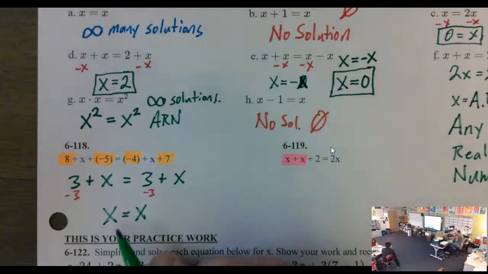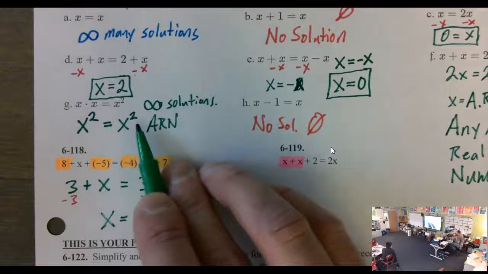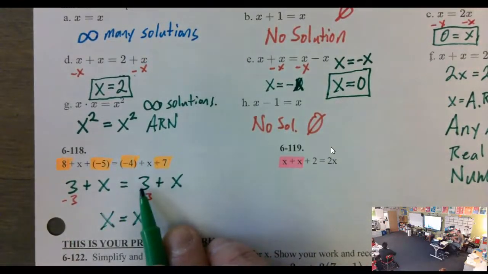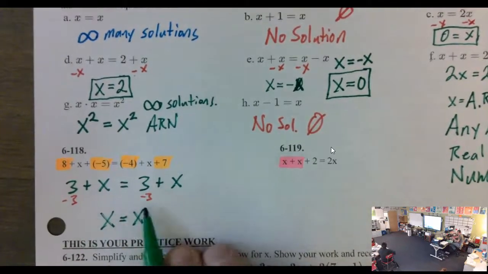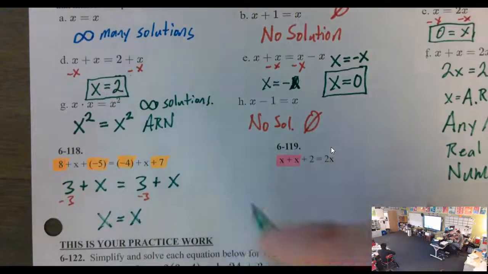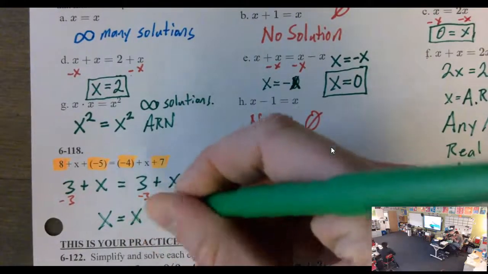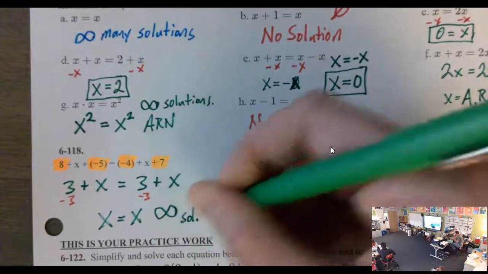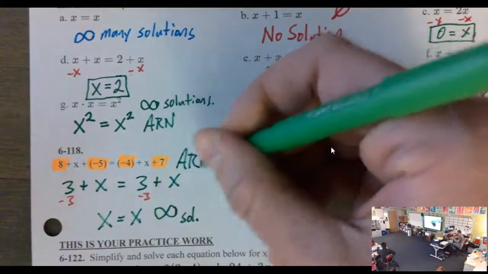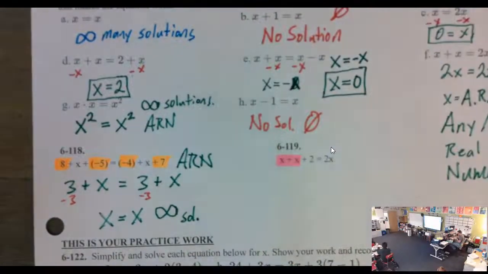If it's like k equals k, or x squared equals x squared, or x plus 3 equals x plus 3, we didn't have to subtract these 3's. If we say, oh, the left side is identical to the right side, this is infinitely many solutions. We can also say ARN, for all real numbers.